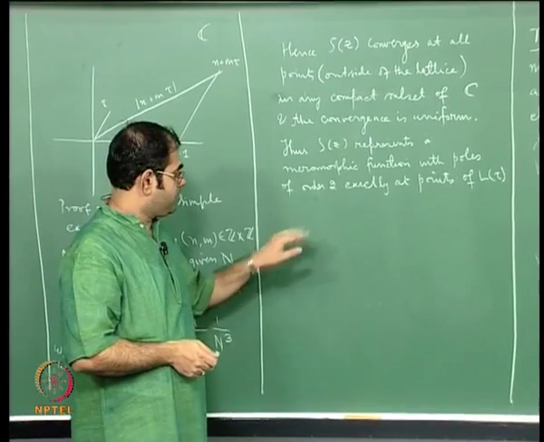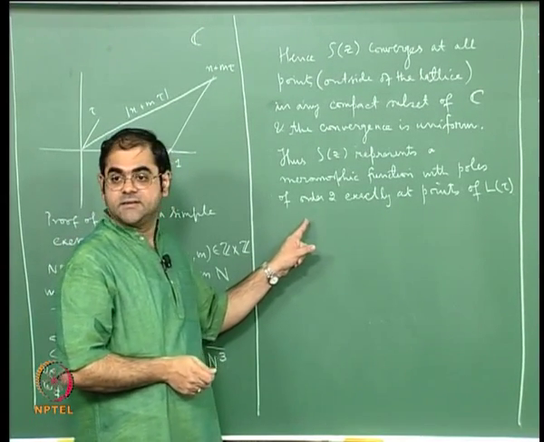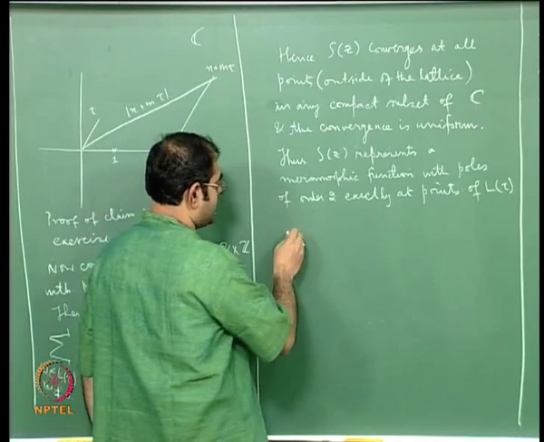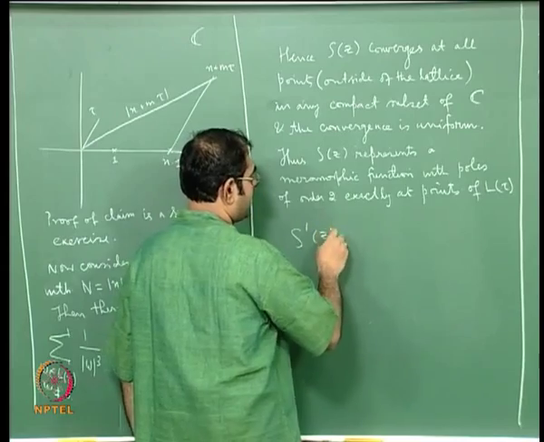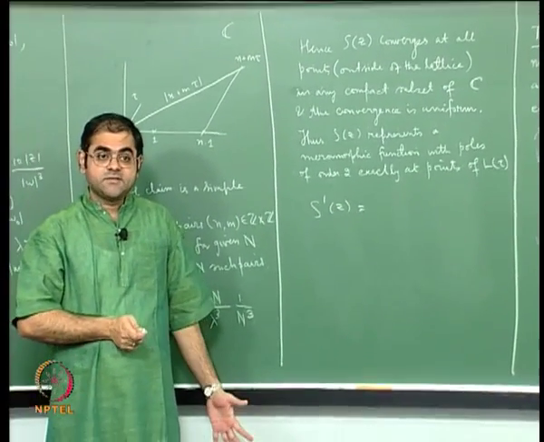Now the next thing I want to tell you is that this is in fact doubly periodic. So the trick is as follows. You calculate the derivative of S of z. Because of uniform convergence you can do term wise differentiation.